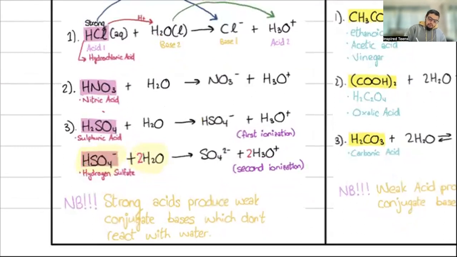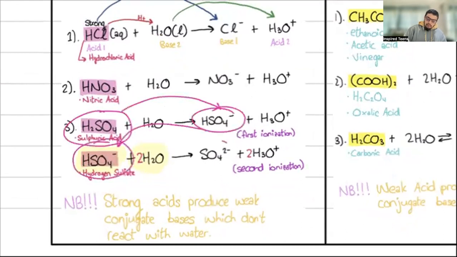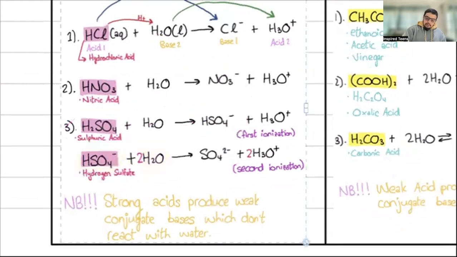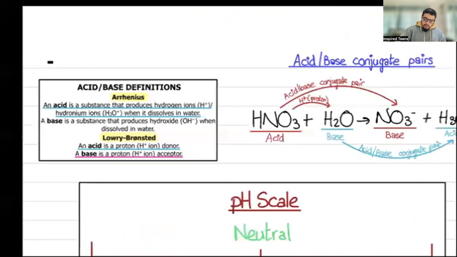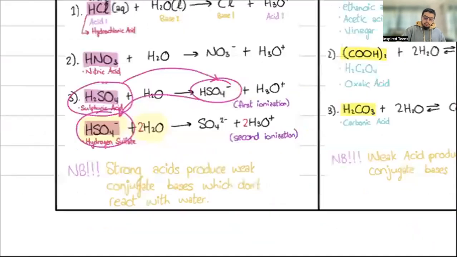So H2SO4, we ionize it the first time, it becomes HSO4 minus. HSO4 minus can still be ionized one more time. We ionize HSO4 minus to form SO4 2 minus, and again, because it's an acid, we always form H3O plus.